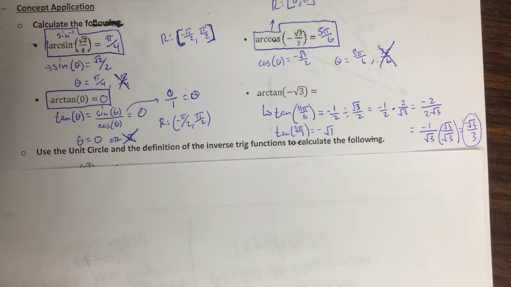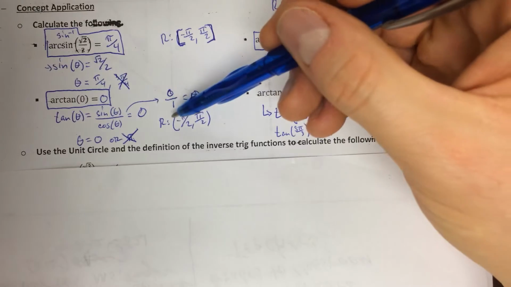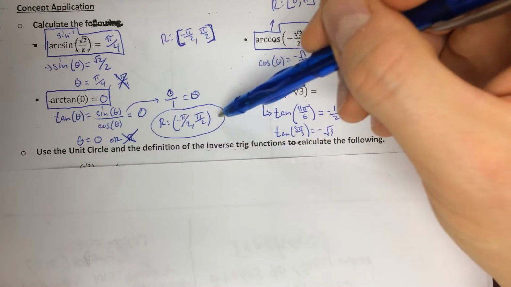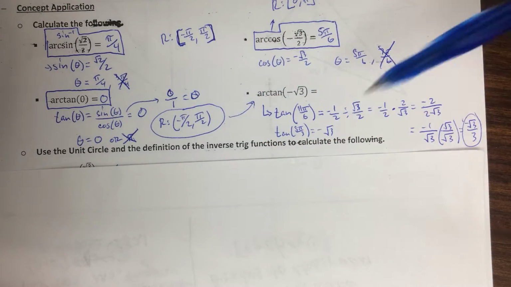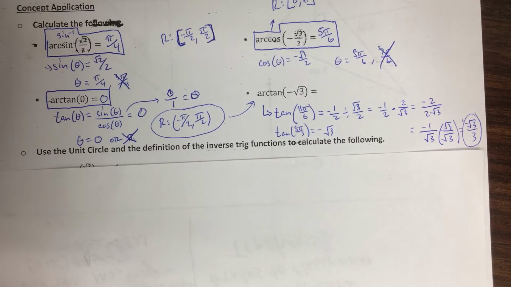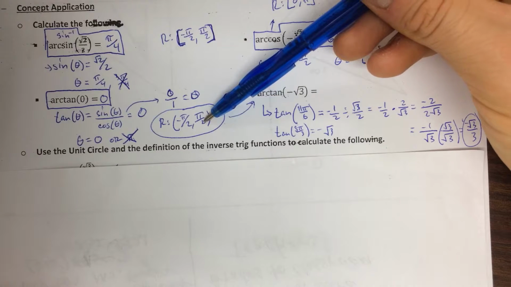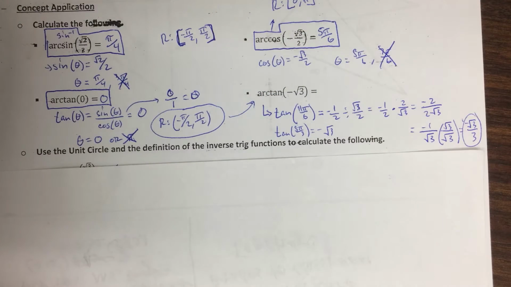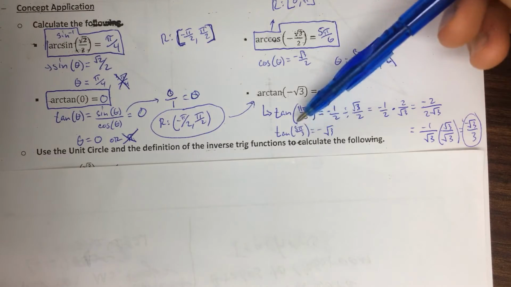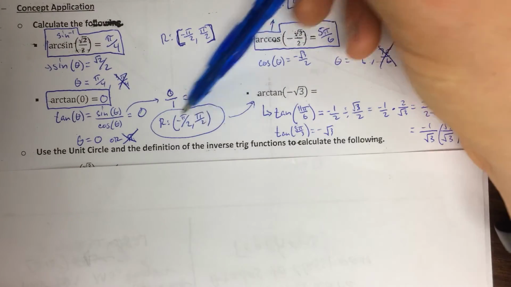Now there's an issue here though. Our range is here for arc tangent. The actual value of 5 pi over 3 is larger than pi over 2. So we need the coterminal angle of 5 pi over 3 that is within our range.